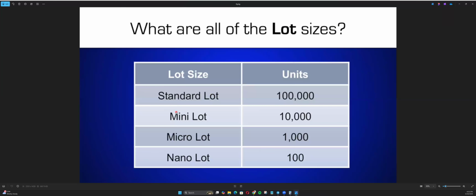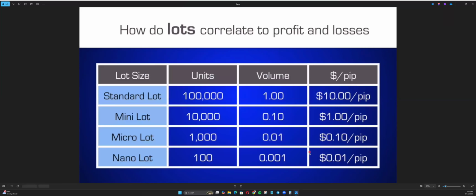So now let's go. These are the different types of lot size. For a standard lot, you have about 100,000 units. For a mini lot, you have about 10,000 units. For a micro lot, you have about 1,000 units. For a nano lot, you have about 100 units. Okay, so let's look at it this way. The volume of a standard lot is 1, and the volume of a mini lot is 0.10.